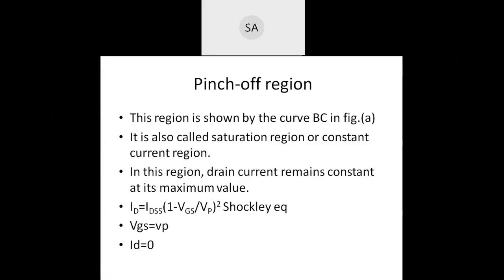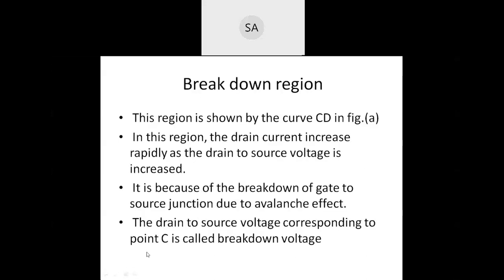So here IDSS is constant and VP is constant. Here we are varying the voltage VGS. For different values of VGS, we will get different values of drain current. Whenever VGS is equal to VP, then the drain current will become 0.